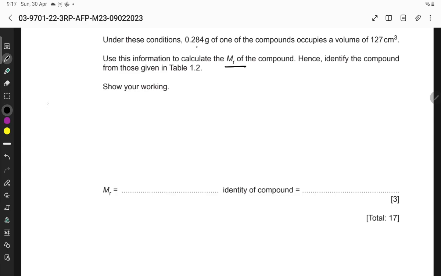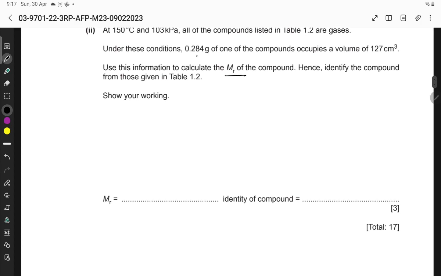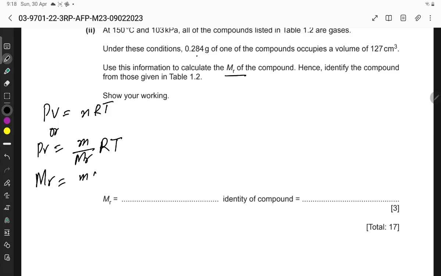Using the general gas equation, PV is equal to nRT, and n is m over Mr, so PV equals m over Mr RT and Mr is equal to mRT over PV.